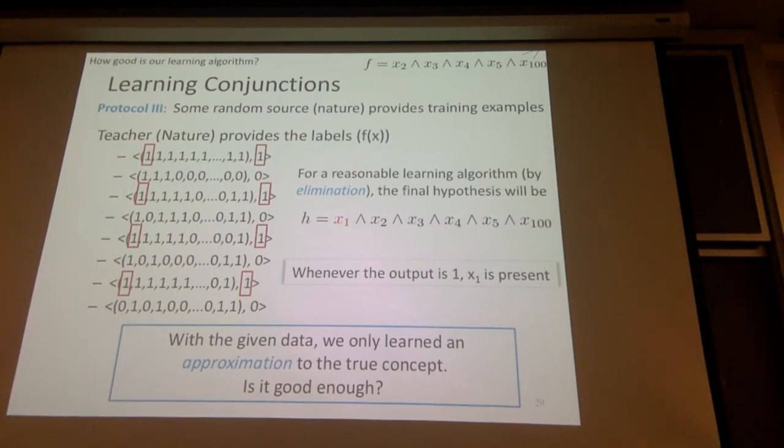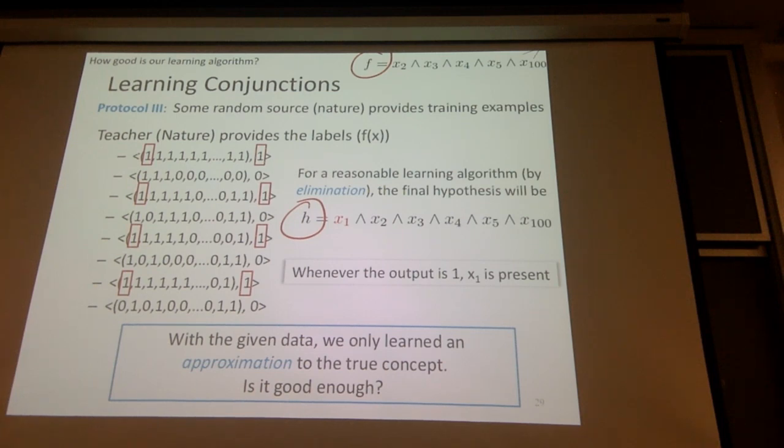At this point, we have to ask, is this good enough? There are clearly examples where f, that's the true function, and the learned x are going to disagree. And what can we do? Any thoughts? More examples.